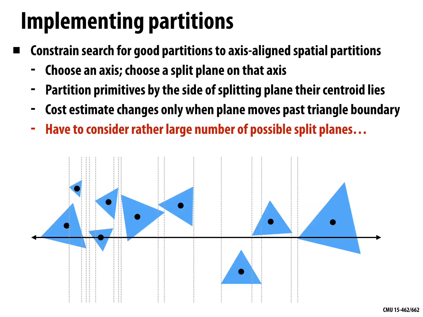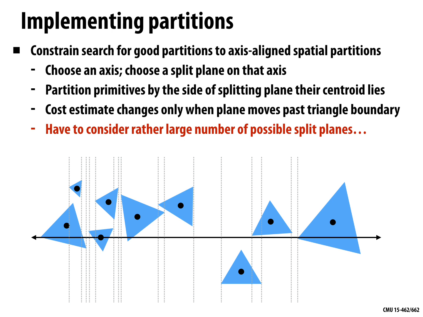Okay? So the next question is, how do we actually use this heuristic to build the BVH? What is the actual algorithm now for constructing the BVH? So there are, again, for computational reasons, lots of simplifications that we make. You could do an exhaustive search.